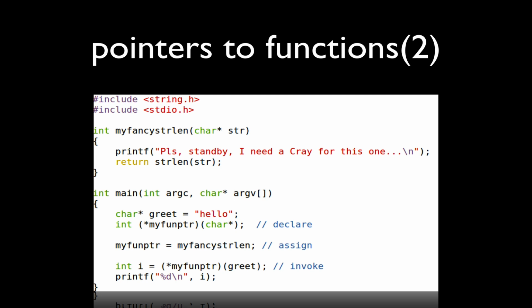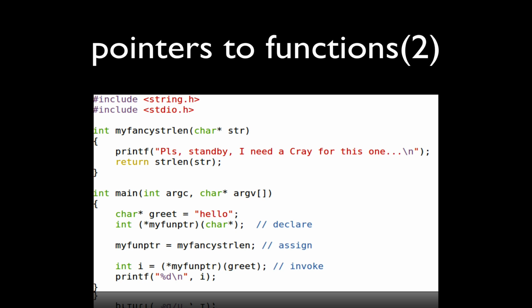In this example, I've got a function defined at the top called myfancyStringlen, and it takes a character pointer str, or character string, and it returns an integer, and then it does some stuff. The main routine defines a string, hello, and it also defines a pointer to a function.